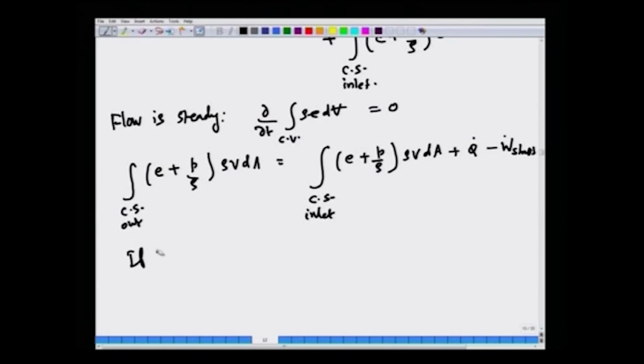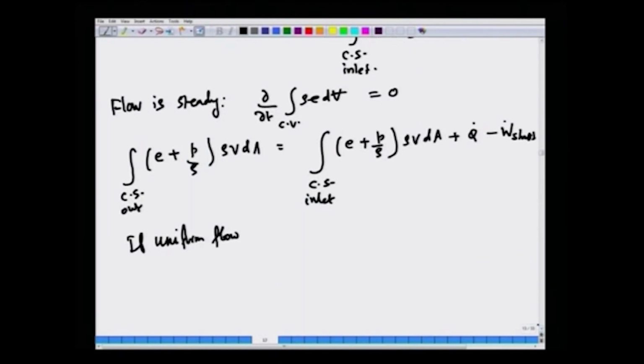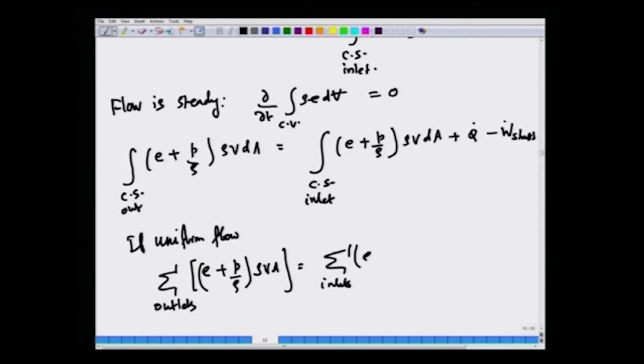If you have uniform flow at the inlet and outlet and uniform properties such as energy and so on, then I can trivially do the area integral to write the summation over all outlets of (E + P/ρ) times ρVA is the summation over all inlets of (E + P/ρ) times ρVA plus Q dot minus W dot shaft.